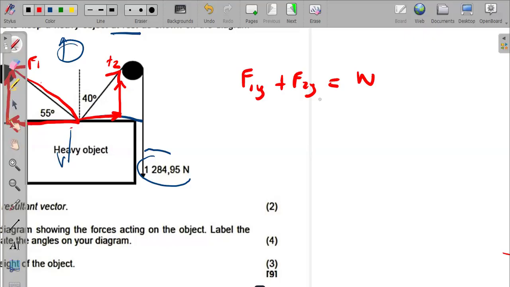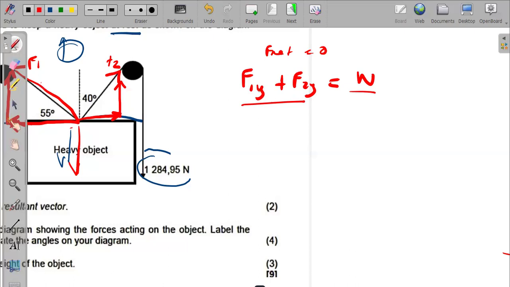Why? Because F net is equal to 0. So since F net is equal to 0, the sum of these forces is equal to 0. So W, the weight, becomes negative because we are taking upwards as positive, right? So basically these forces are equal to the force acting downwards, which is only weight. Weight is the only force acting downwards, right? So this is an equation we have formed.